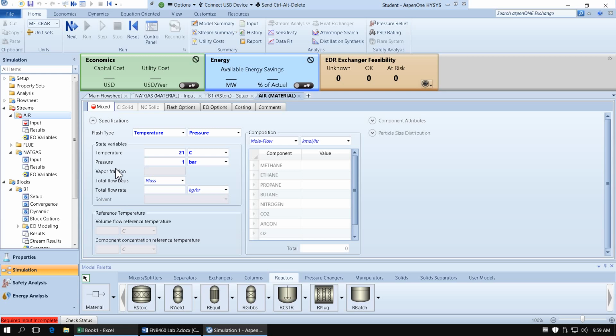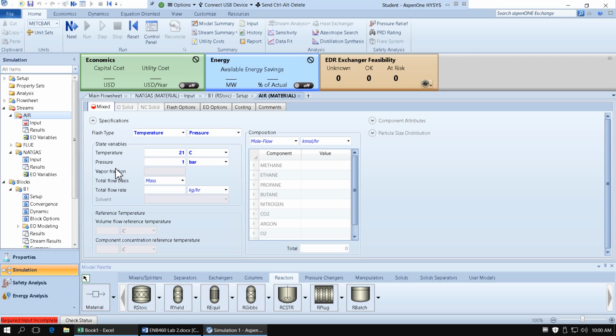So what you can do is calculate the air requirement using the stoichiometry of the mole fractions given for methane, ethane, propane, and butane. Use the stoichiometry given by the equations, calculate the moles of oxygen, and then calculate the amount of air needed.